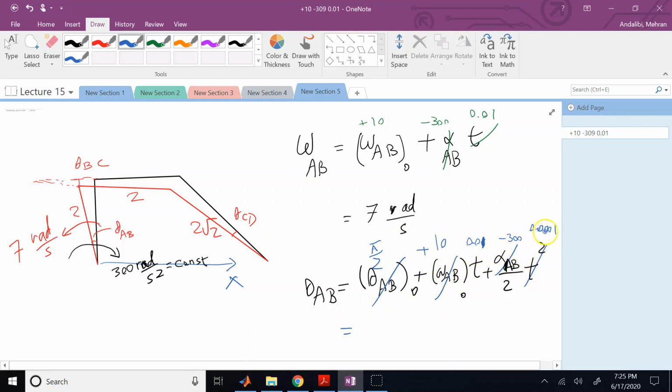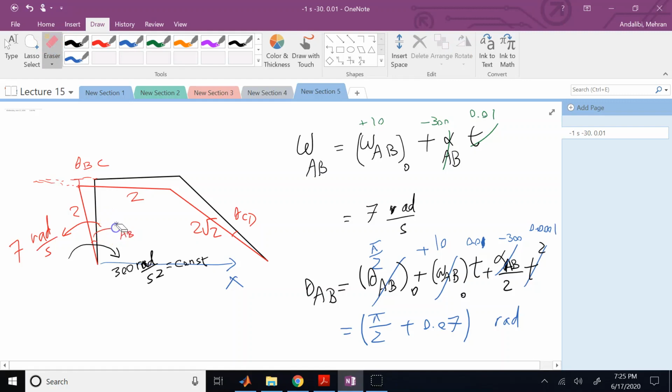That number is going to be negative 0.03. So you're going to get positive 0.07, so it is going to be pi over 2 plus 0.07 in radians. So this change here is 0.07 radians of theta AB, and then keep going.